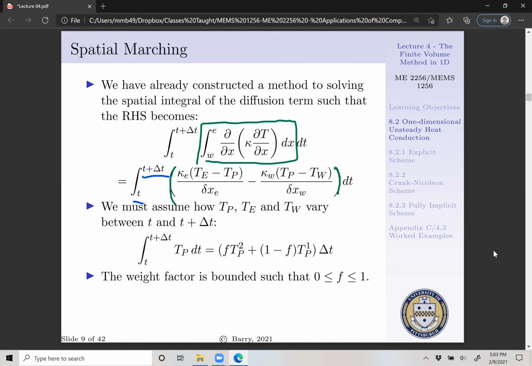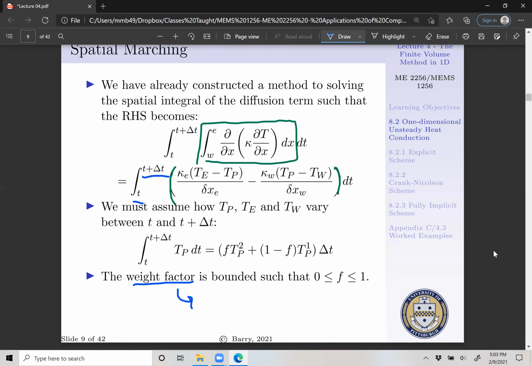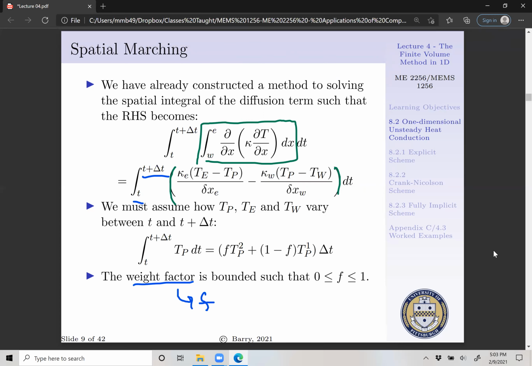Now, what we're going to do here is define the following. And this is going to make sense once we talk about our schemes. We're going to introduce a weighting factor. This guy is going to be called f. And f is bounded between 0 and unity. So, for instance, let's just take this one quantity here and let's integrate it.